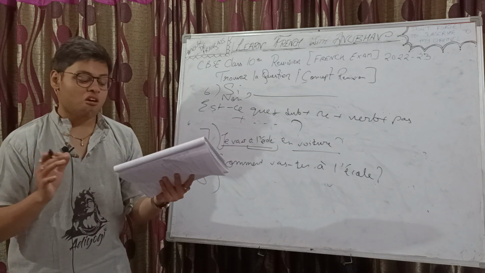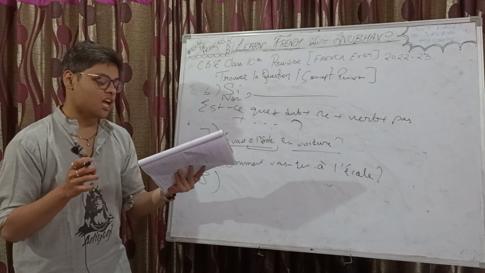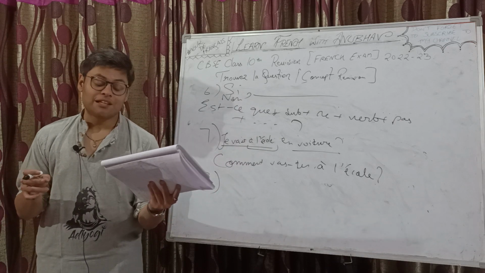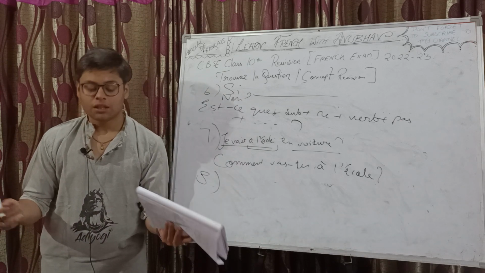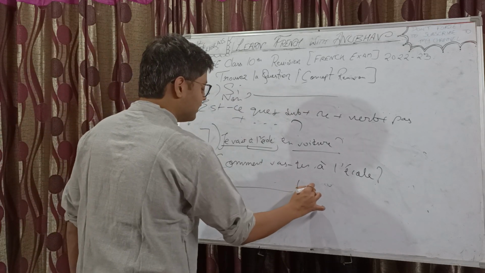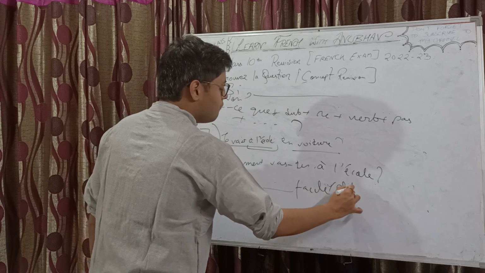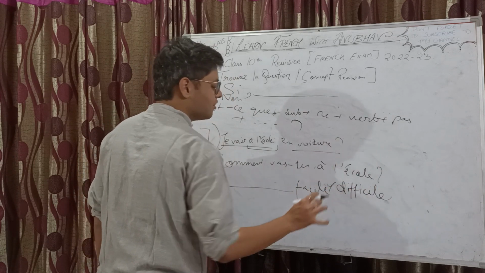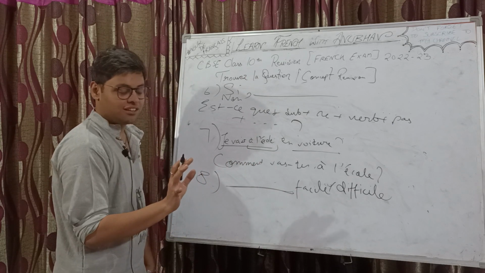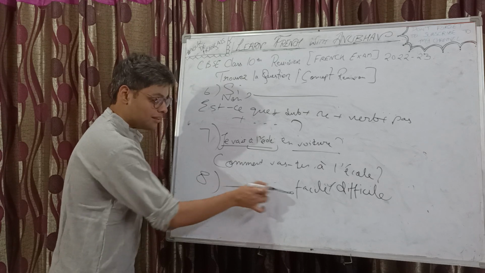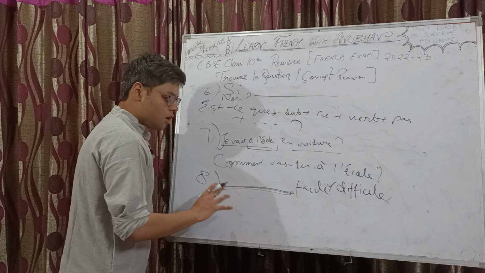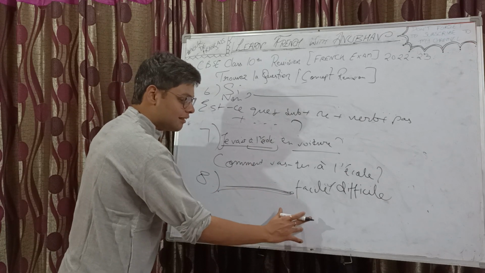What is difficult to do? Or ce gâteau est difficile à préparer. This cake is difficult to prepare. So, qu'est-ce qui est difficile à préparer? In that way, right? So, in case you have something like facile or difficile, or maybe any adjective describing that particular object, and that object is underlined, which means you need to frame the question based on this, and you need to say what is difficult, what is easy, like that.